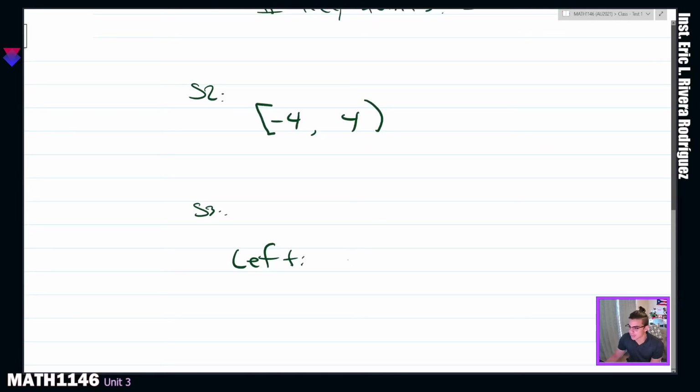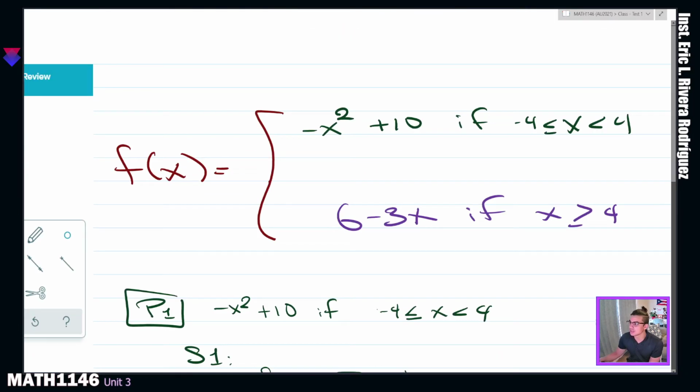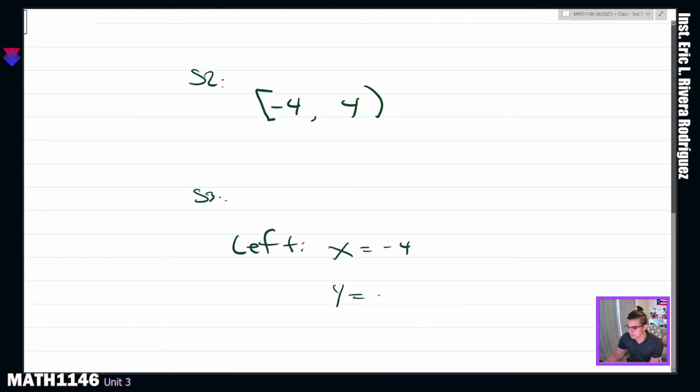The left boundary, in this case, is going to be a point because of the square bracket, because -4 is included. So the y value is going to be, okay, that's the equation. There's an interesting thing happening here with this equation.